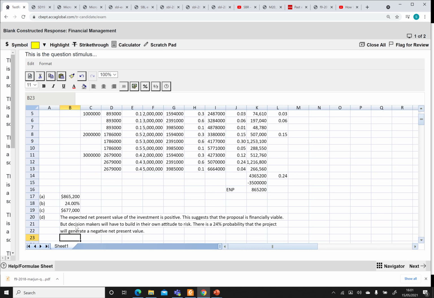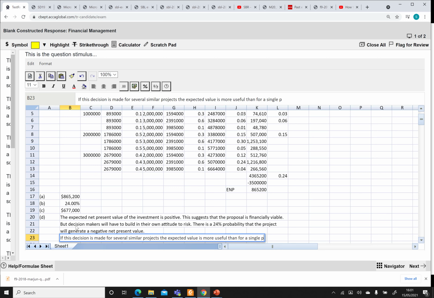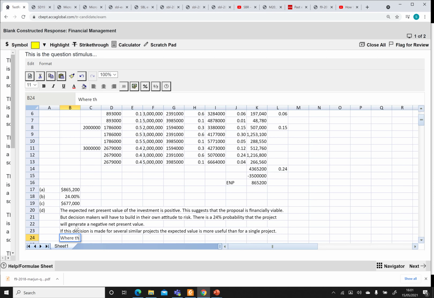I could go on to say, if this decision is made for several similar projects, the expected value is more useful than for a single project where there are several projects.